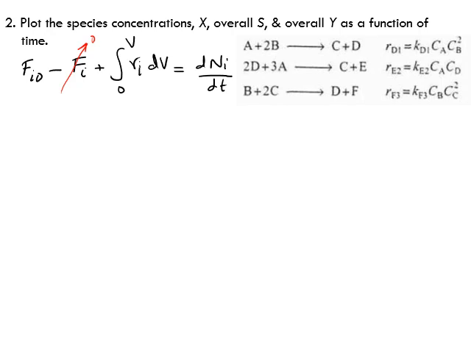Fi naught can be written as Ci naught times epsilon naught, plus Ri V, the integration of Ri dV, equals dNi by dt.